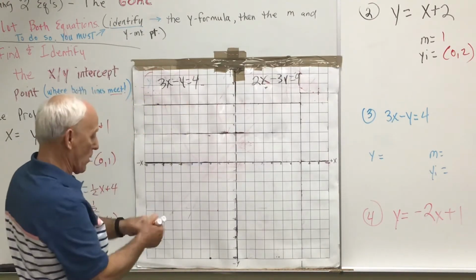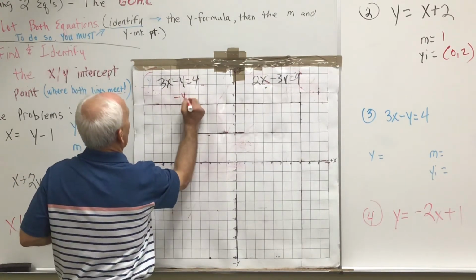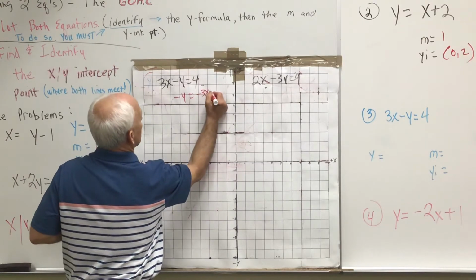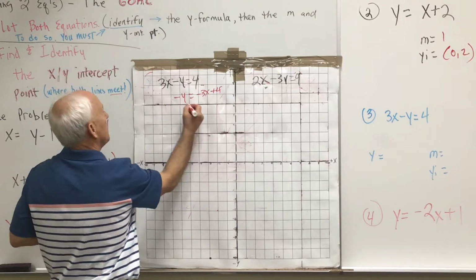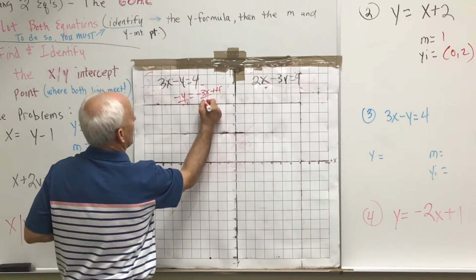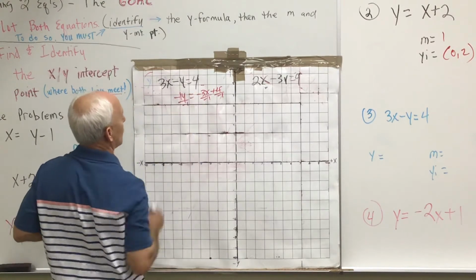Okay, so let's look for our y. Remember we have a minus y equals -3x plus 4. However, can we leave it in minus y? No, we divide by -1, don't we? Right, that's what that means, -1y.